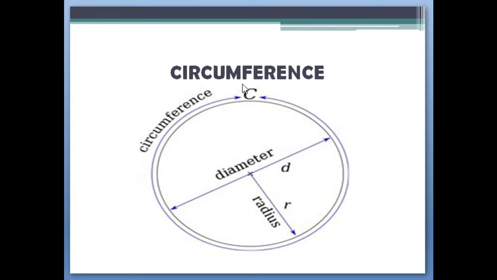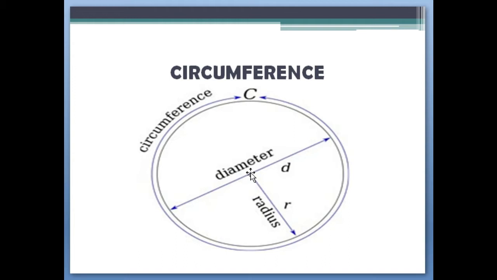Then, as you can see, meron din kayong makikita dyan na diameter and radius. So, yung diameter, ang ibig sabihin niyan is yung distance or yung line from any point of a circle to any point of the circle that passes through the center.